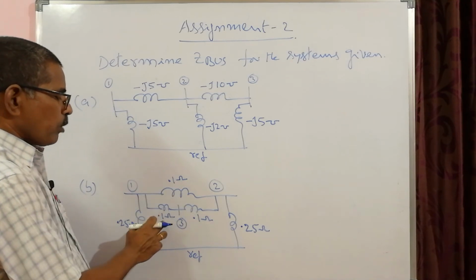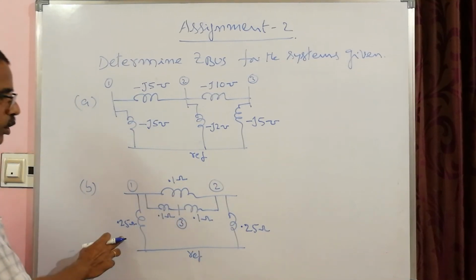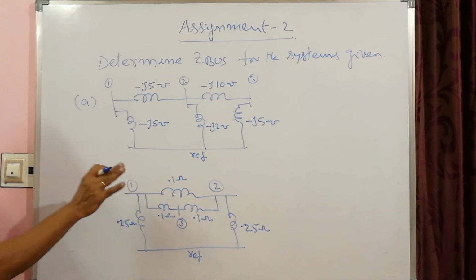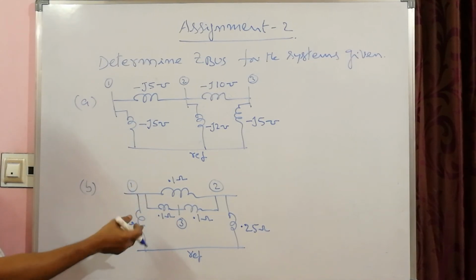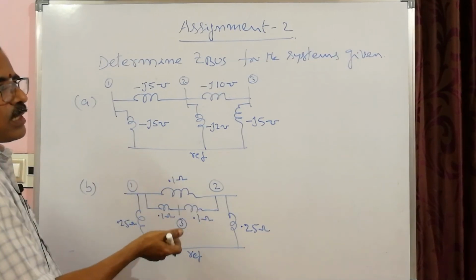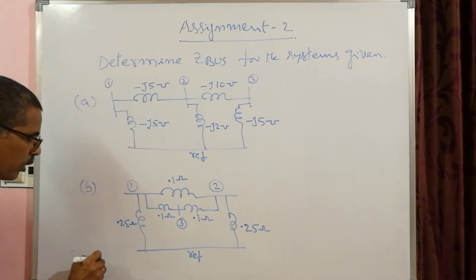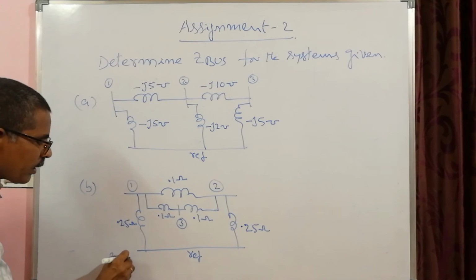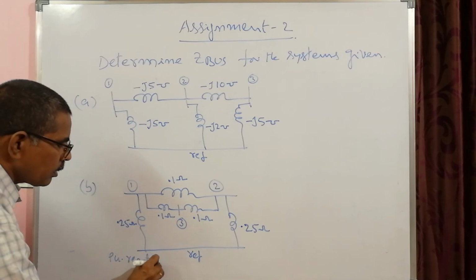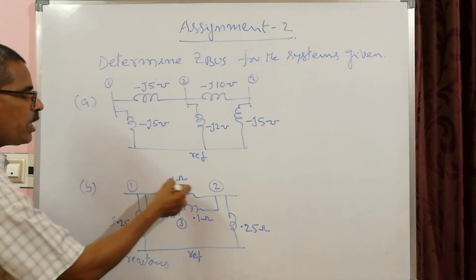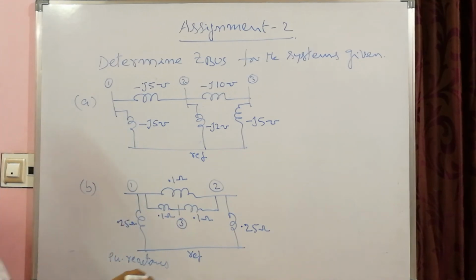These are all 0.1, 0.1, 0.1, 0.25, 0.25. And don't forget to add J. J is not given, but these are all reactances. Per unit reactances they say. Okay, values are per unit reactances, which means you need to add J for each. Okay, and then form Z bus.